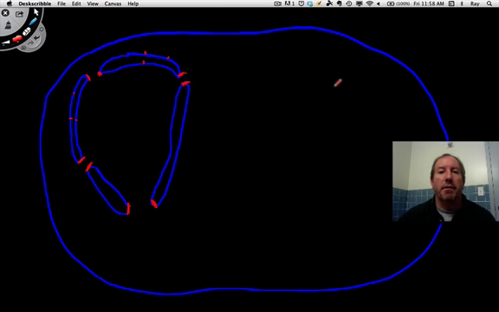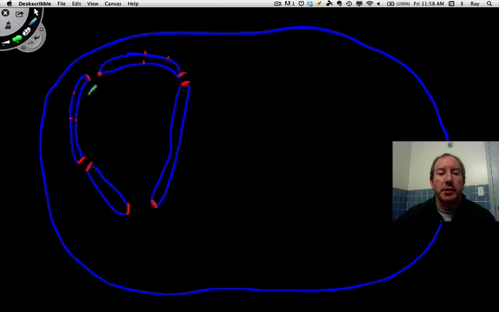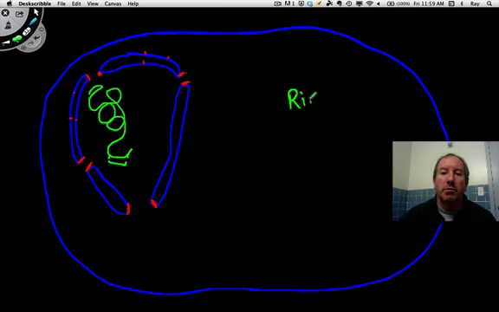So what happens is, and this is real brief, but I'll try to be clear about it. DNA is located here, and DNA carries with it little segments called genes that code for different proteins. Now let's talk a little bit about a ribosome for a second. A ribosome is located in the cytoplasm.